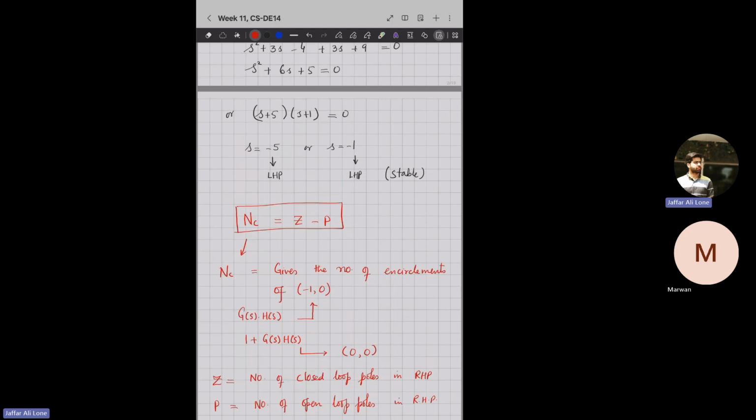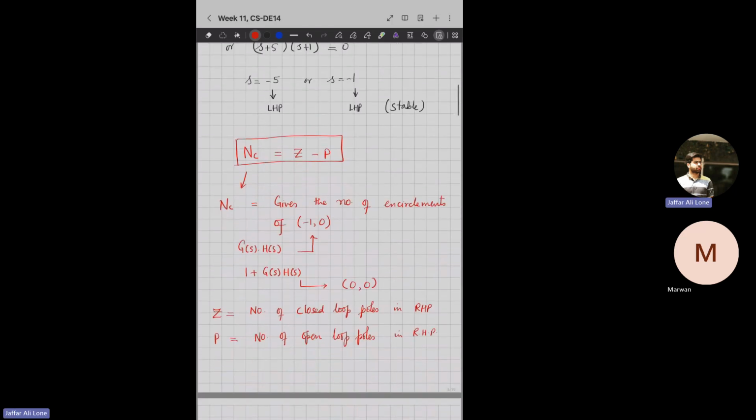But how can you do the same thing from the Nyquist plot without that much hard work? You're already drawing the Nyquist plot to infer some other things, and from the Nyquist plot you can determine stability as well. And how can we determine that? That is given by this very, very important formula, which you will remember.